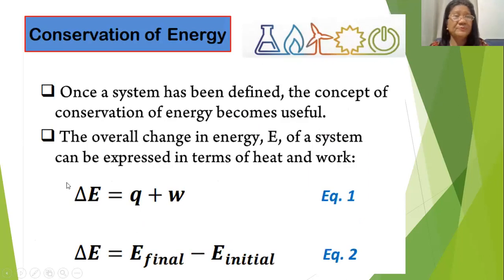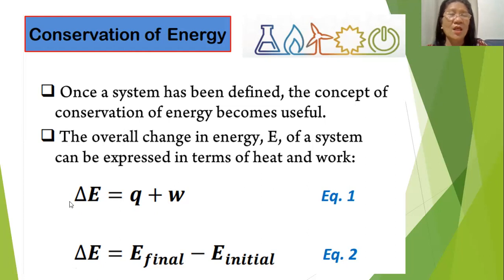Okay? So in the conservation of energy, we already know that it will only be converted. Heat, energy, will only be converted. The energy that we have will only be converted into another form. It will not be destroyed. It will not be created, but it will only be transformed into another form.